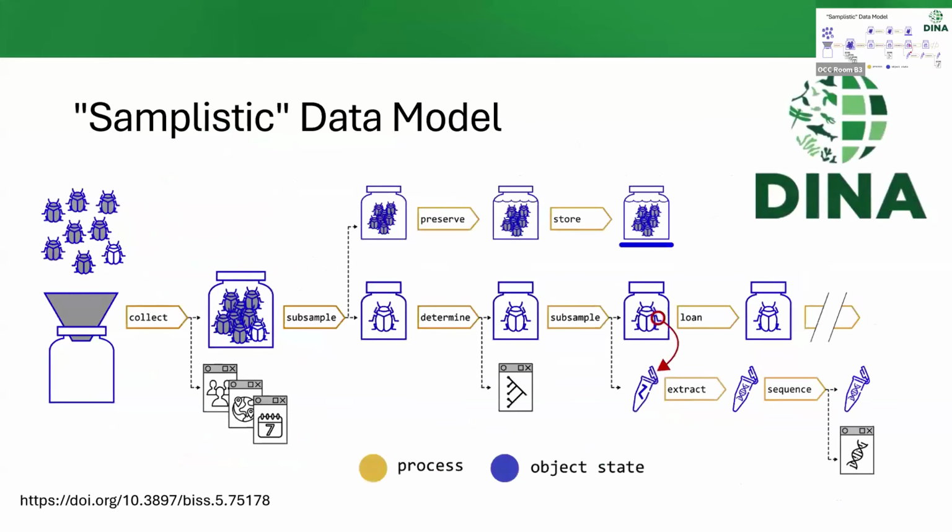Our novel simplistic data model is strongly influenced by the material sample, now material entity, as a core object. This allows for considerable flexibility in the kinds of objects that can be managed. Here, the parent sample of beetles in a jar is subsampled to investigate the white beetle, which undergoes several more subsampling steps downstream through various processes, including a morphological determination, a sequencing process, and a molecular determination.